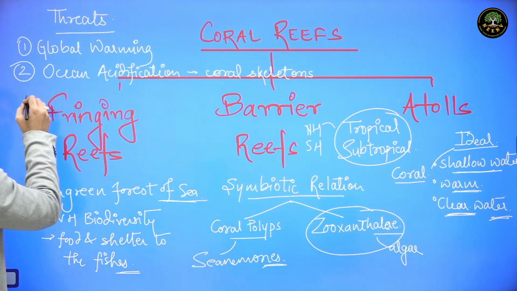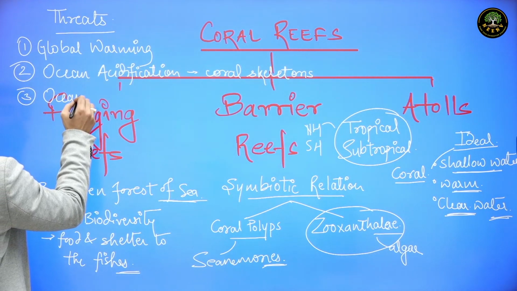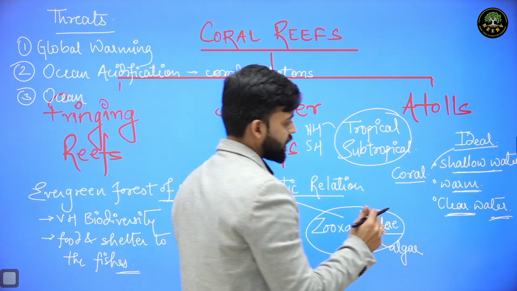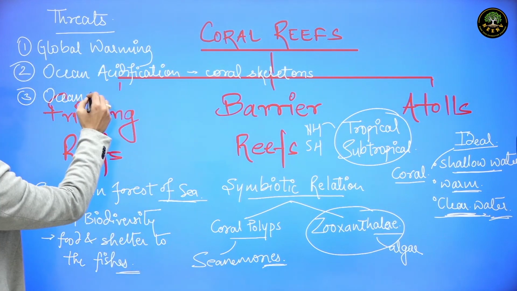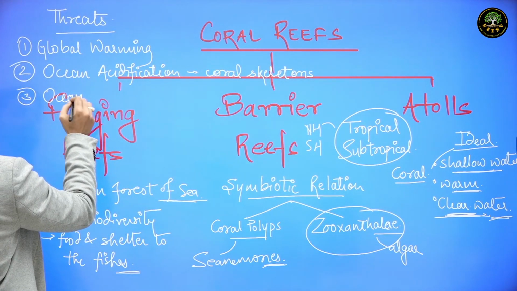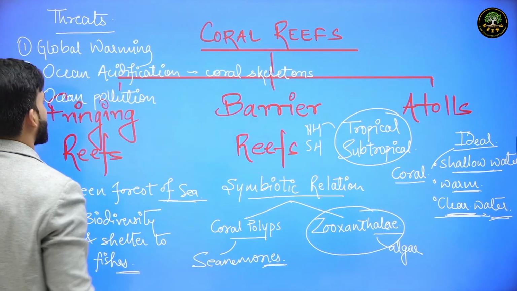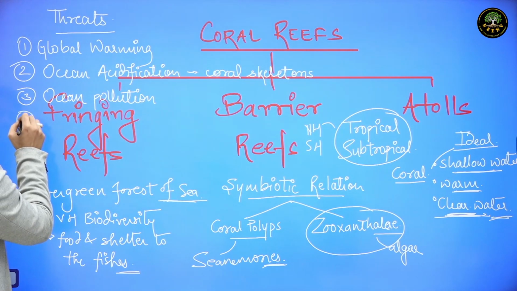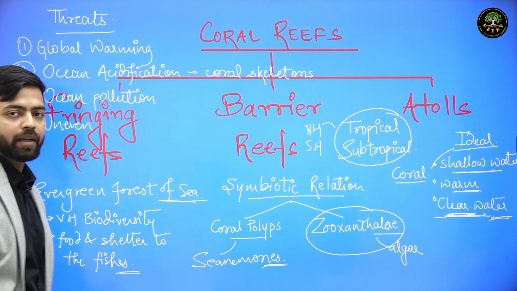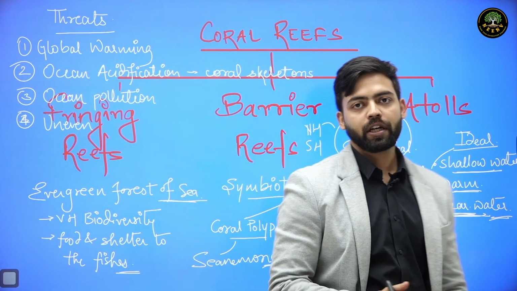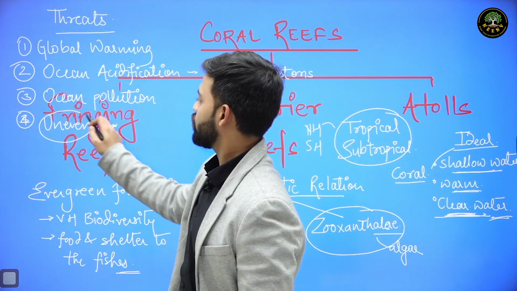Plastic pollution or oceanic pollution is also one of the threats, as we have already seen in the ideal conditions that it requires clear water. So the polluted water is detrimental to the health of coral reefs. And also the uneven weather conditions, for example, storms, tsunamis, both meteorological as well as geomorphic conditions disturb coral reefs.